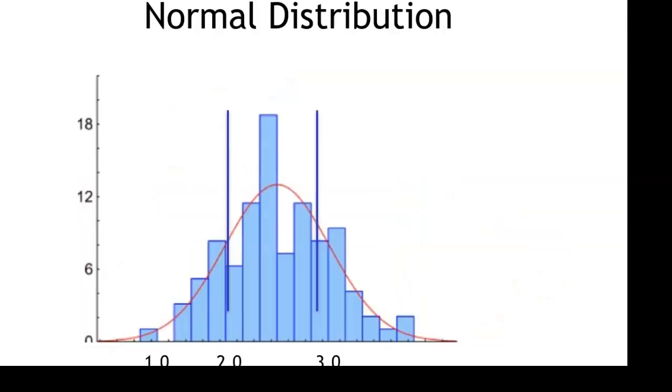This is what we would expect to see if we charted a whole load of INR results as a bar chart. If this is the 2 to 3 range, we would expect the largest number of results to be clustered around the mean, or the target of 2.5.